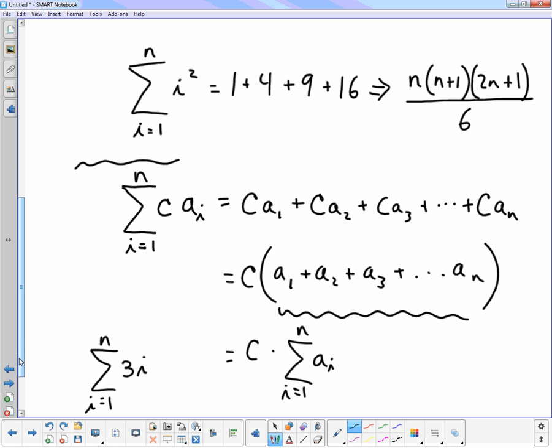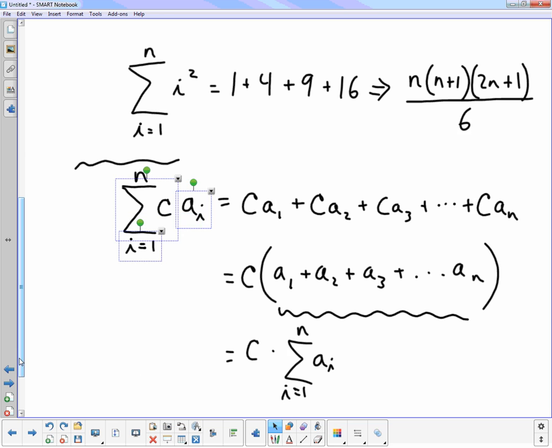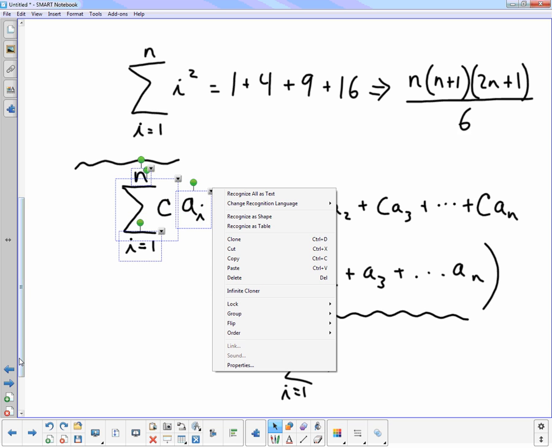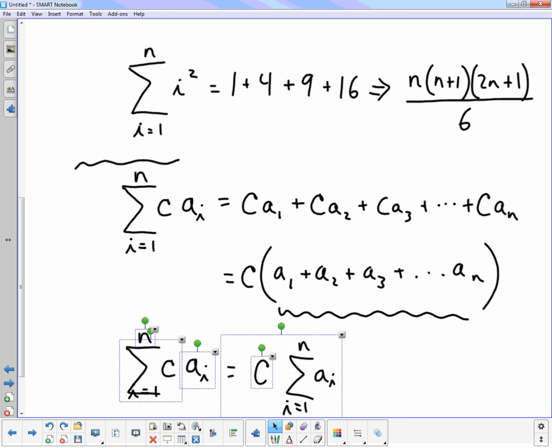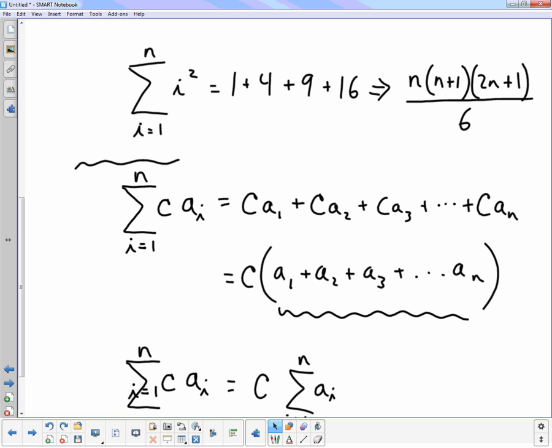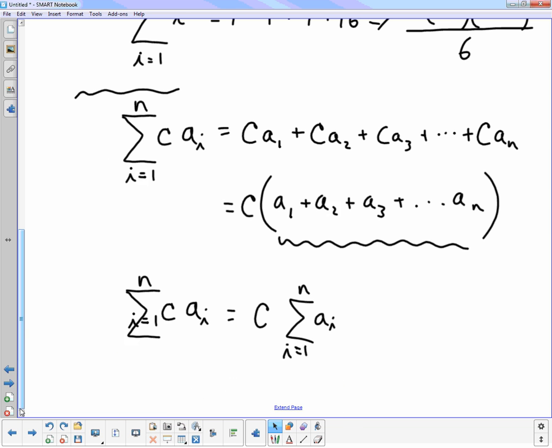So here's the general idea. If I have, I'm just going to clean that up a little bit. So if I have a constant inside my sigma notation, I can pull it out.